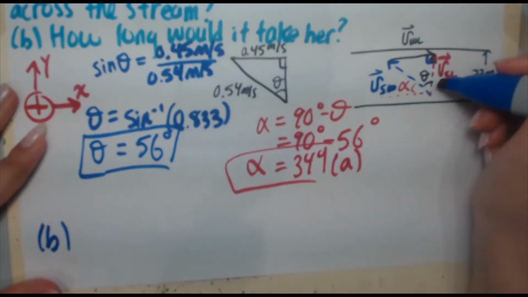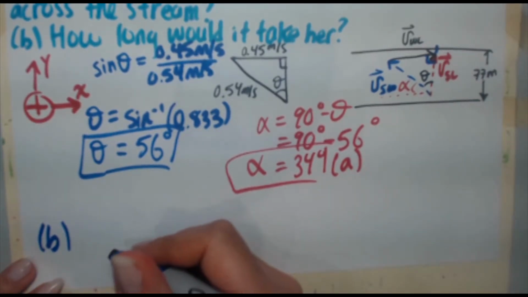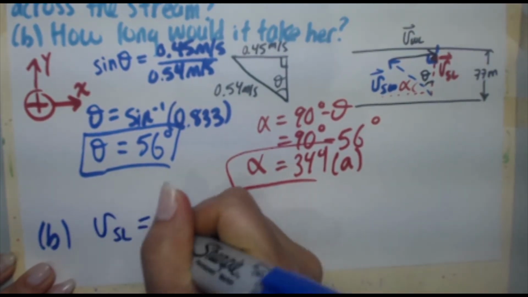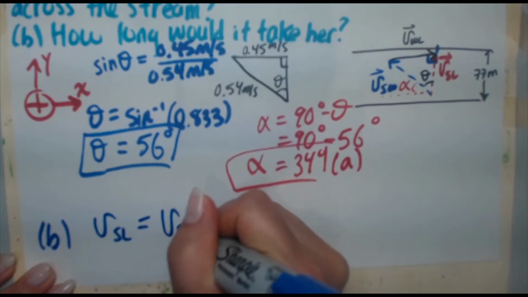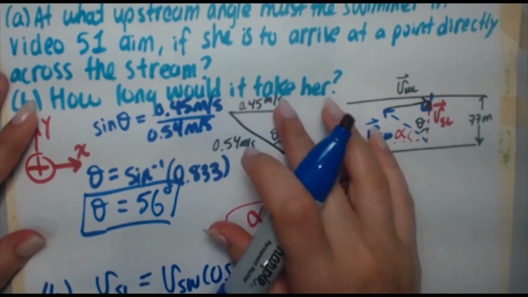In order for her to cross the river, she's doing this in the y direction. We have the displacement in the y direction, so we have to find the speed in the y direction. In order to do that, the speed VSL is equal to VSW times cosine theta. Take a look at this original triangle we had.